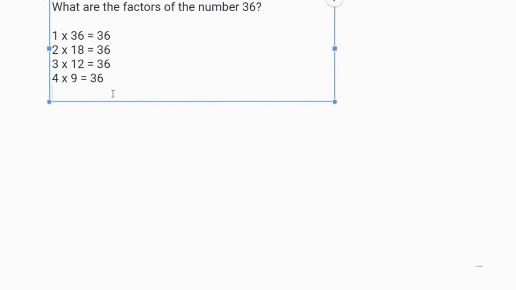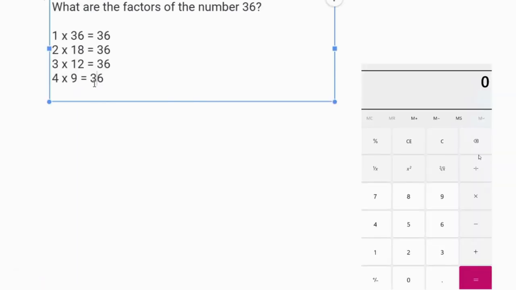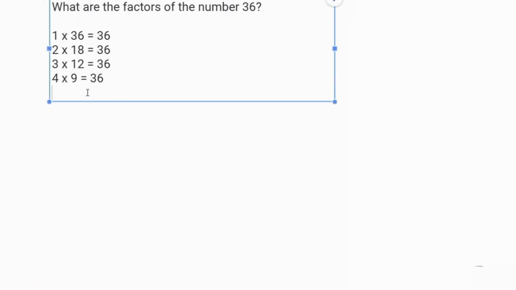So 6. Since 3 is smaller than 6, we have to go through the tables of 6. So that's 6 times 1 is 6, 6 times 2 is 12, 6 times 3 is 18, 6 times 4 is 24, 6 times 5 is 30, and 6 times 6 is 36.